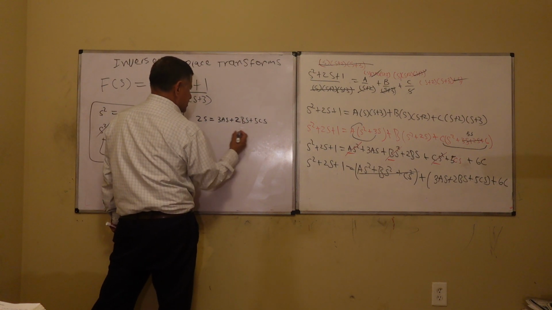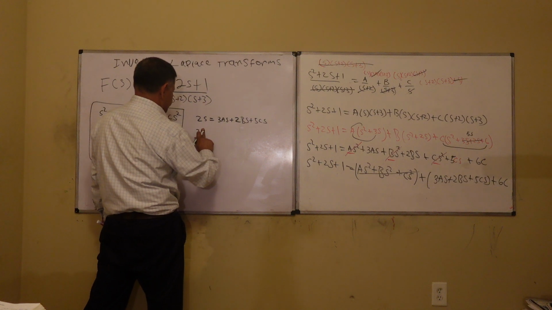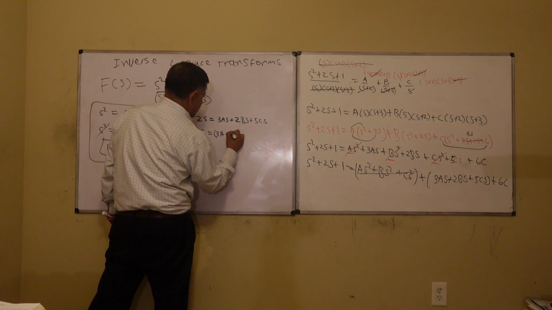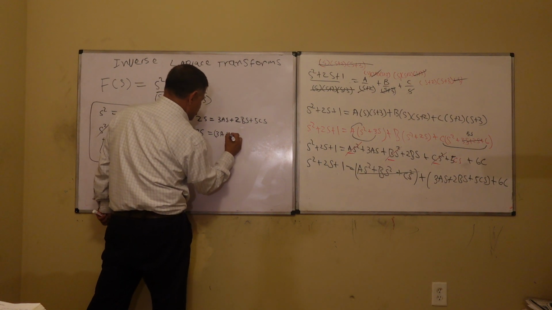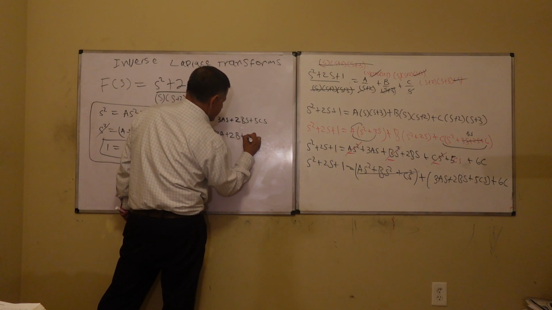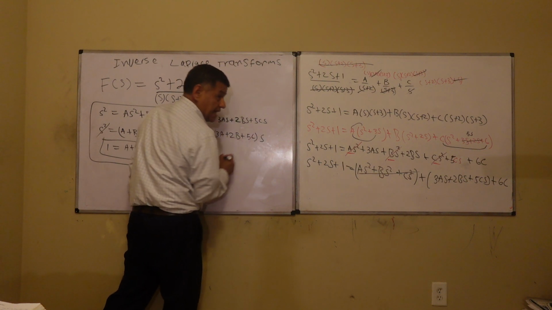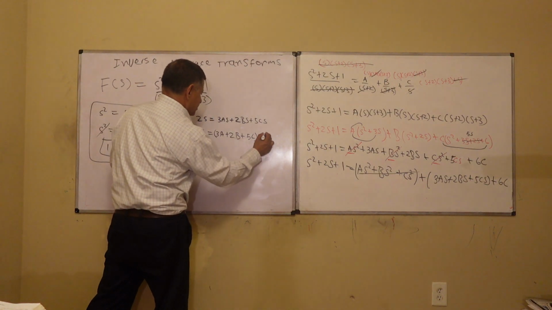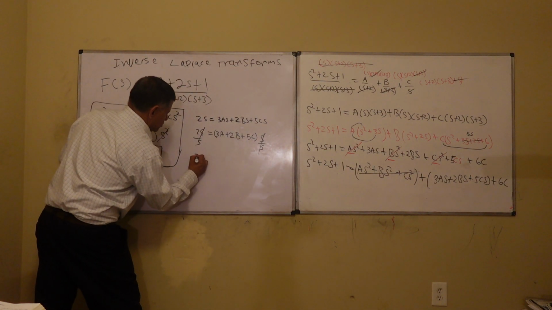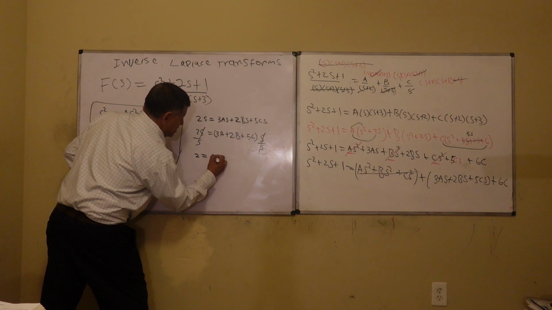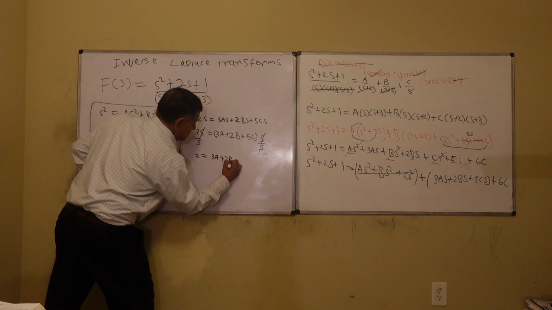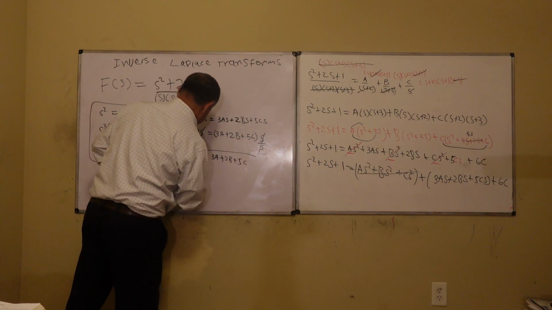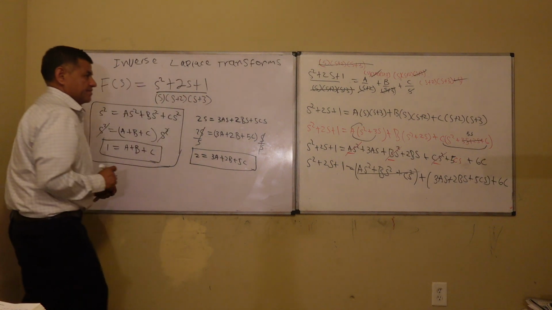Again, factoring out this S, I divide by S on all sides, and I get that 2 is equal to 3A plus 2B plus 5C, right? So that is another piece of information that we need.